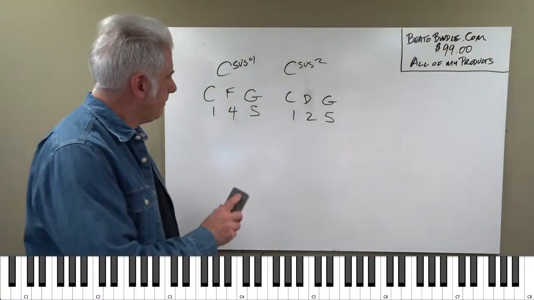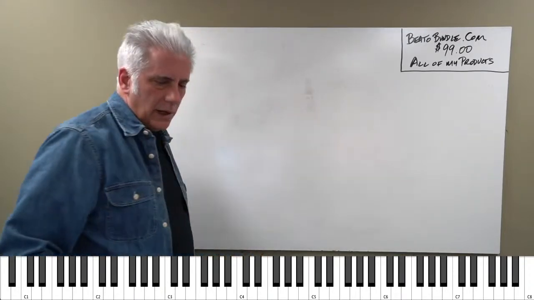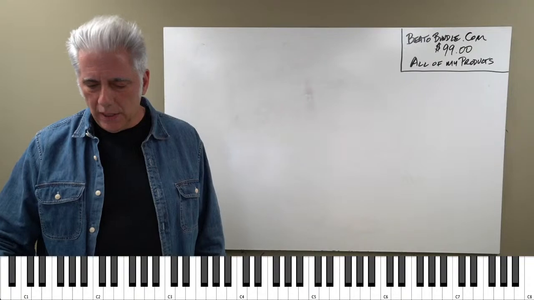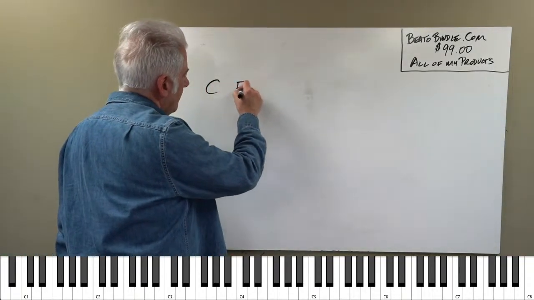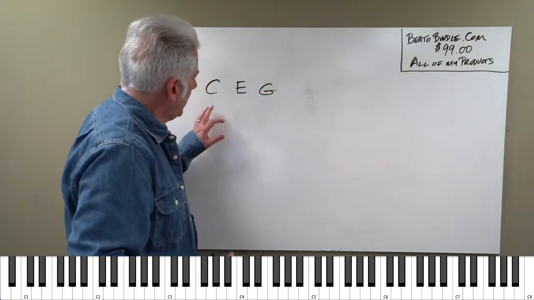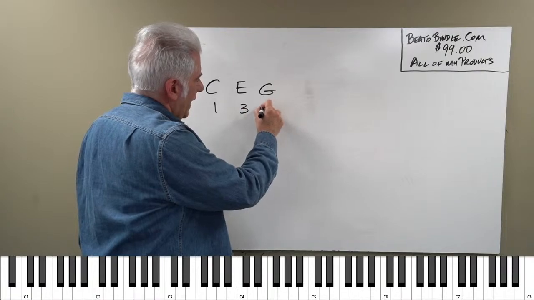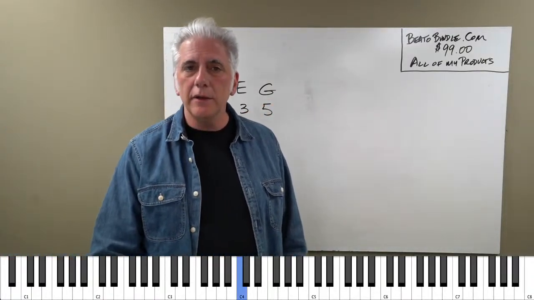The next thing to do to understand are seventh chords. So seventh chords, if you take a C triad, C major, I've got 1, 3, 5. These notes refer to the notes of the major scale.